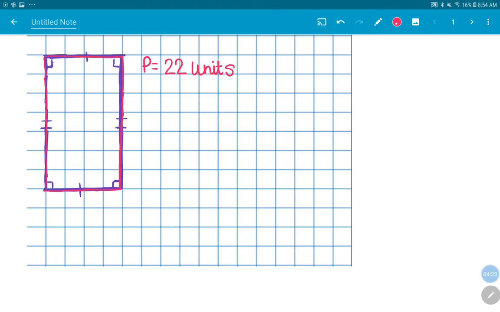So when I counted the top, 1, 2, 3, 4 units. The measurement of the top is 4 units. So I know that by definition of a rectangle that the bottom has to be 4 units as well.